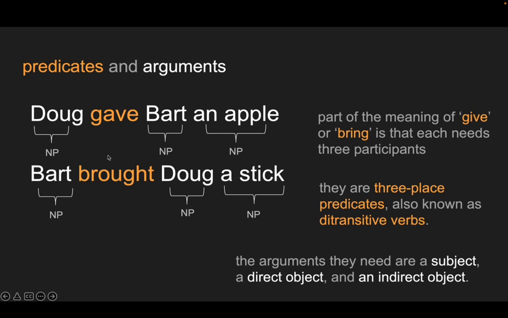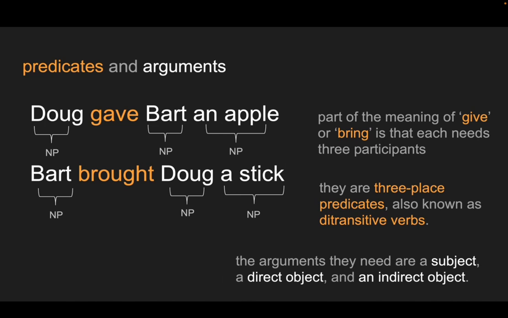So I've put these sentences this way because what I want you to notice is that for our three-place predicates, we can put the verb with three noun phrases. English is a rigid constituent order language. So in English, to do it this way, it's got to be the subject, then the verb, then the direct object, then the indirect object.